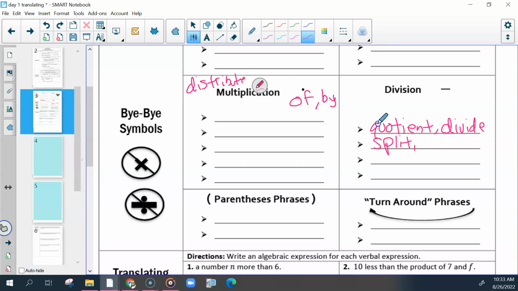Some I have are over, like we'll say 3/4. If you half something, you're usually dividing by 2.